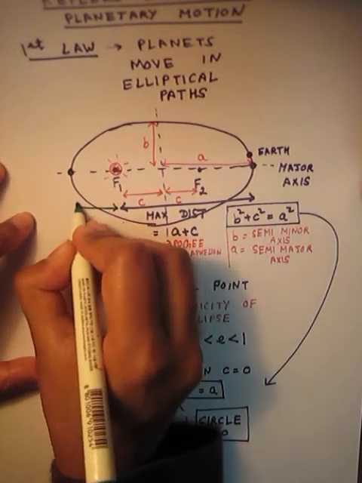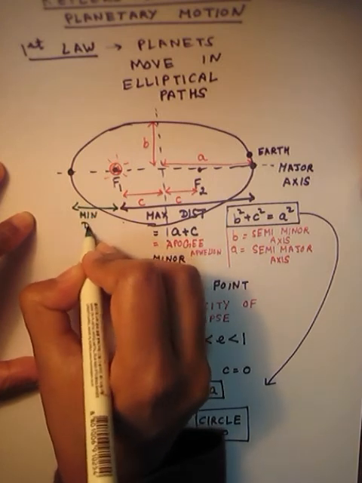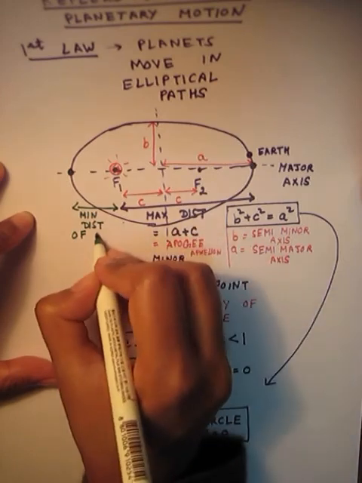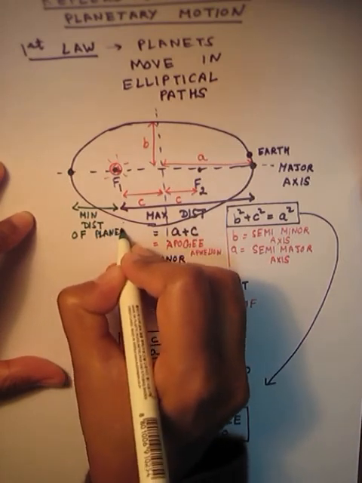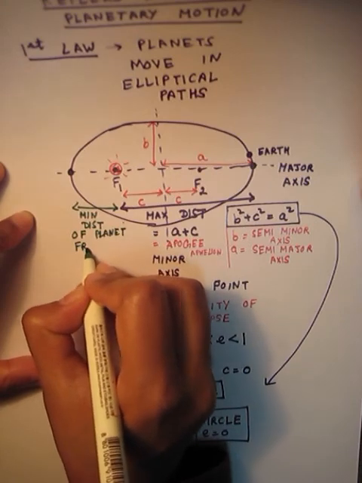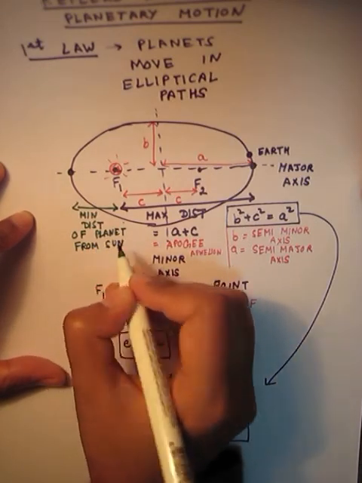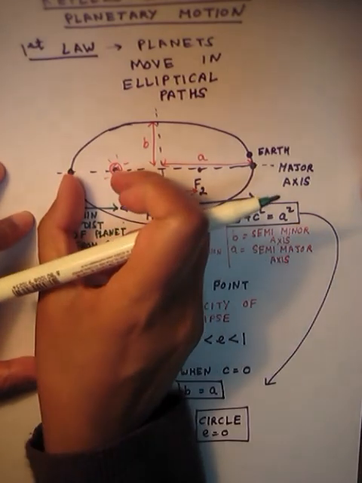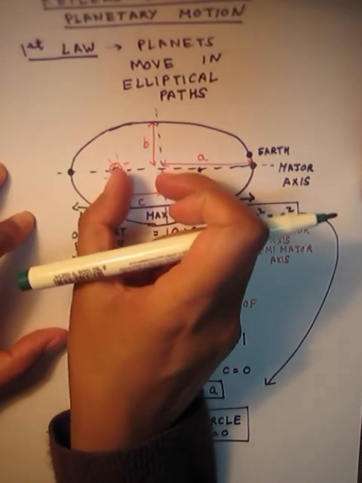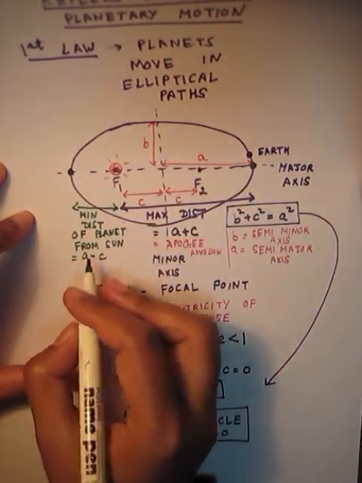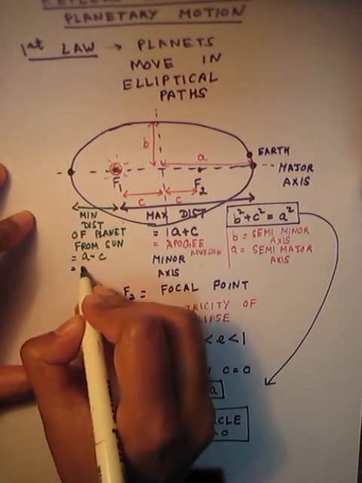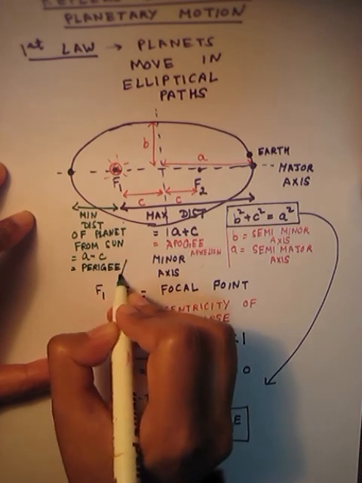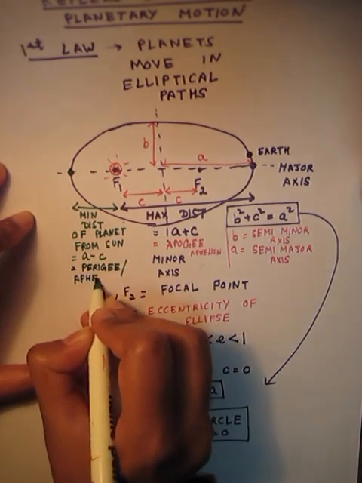While when Earth reaches somewhere here, then it is at minimum distance from the Sun. So we say that this is the minimum distance of any planet, like we're talking about Earth, minimum distance of the planet from the Sun, and it will be equal to a minus c, because we need this distance and the total distance is a, so a minus c will give you this distance, and this point is called the perigee point, or it is also called the perihelion point.